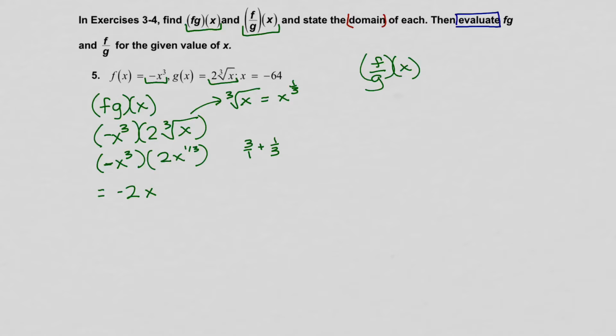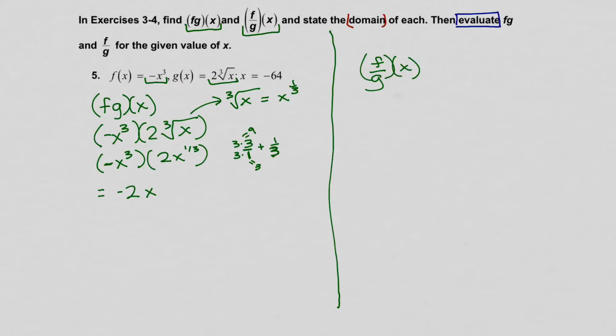I'm seeing a lot of people struggle with this skill, so I want you to think all the way back to grade school when we learned to add and subtract fractions. We have to have that common denominator. So I need this 1 right here to somehow match this 3 right here. In order to do that, I have to multiply it by 3, and what I do to the bottom, I have to do to the top. So 3 times 3 is 9, 3 times 1 is 3.